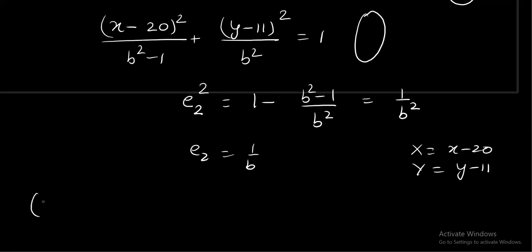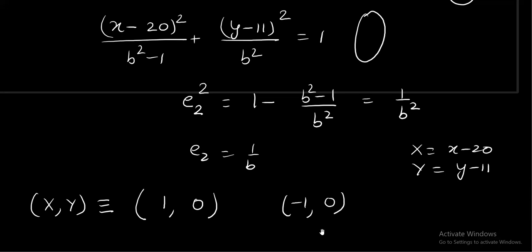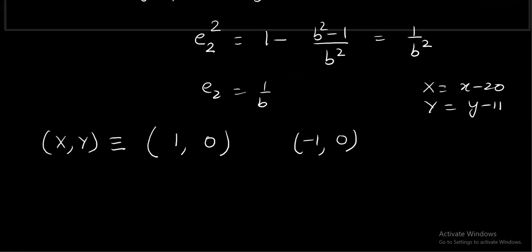Foci के coordinates आपको मिलेंगे capital X comma Y, which is equivalent to capital X को क्या लिखना होगा ae. अब यहाँ पे a की value b है, eccentricity we just now calculated, so I'm going to write it as 1 comma 0. And the other one will be minus 1 comma 0. But you need to write small x and y. So accordingly, you can see that the first one will convert to 20 plus 1. So it will become 21 comma 0, right? 21 comma 0.